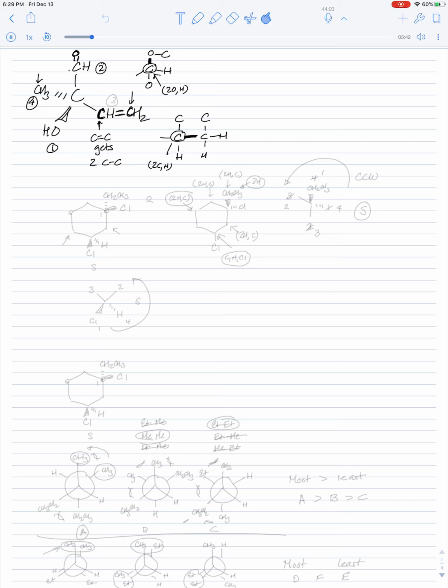That's number 2, that's number 3, and that's number 4. So that's what we would do to handle the equivalent structures. Does that help?